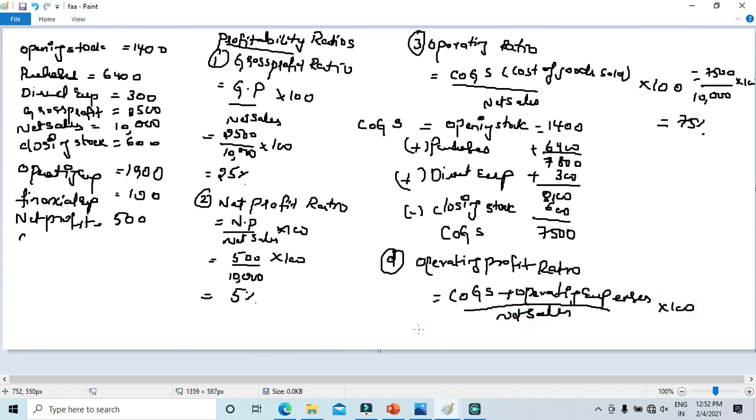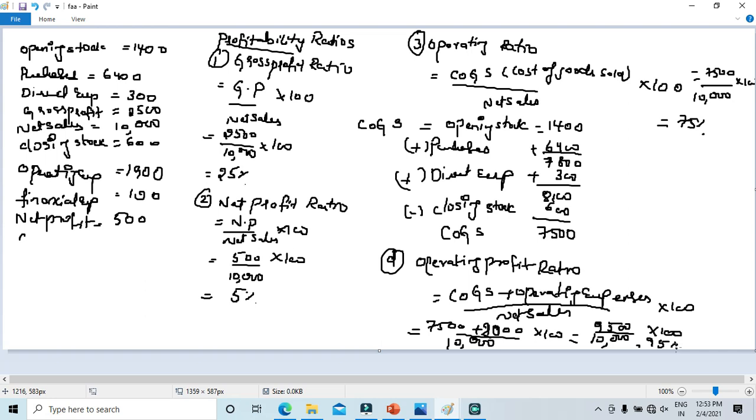So here it will be 7500 plus operating expenses, given in the question as 1900, divided by 10,000. Financial expenses also you need to take, so here it will be 2000, into 100. So 9500 divided by 10,000 into 100 comes to 95%. So this is how we are supposed to do this problem.